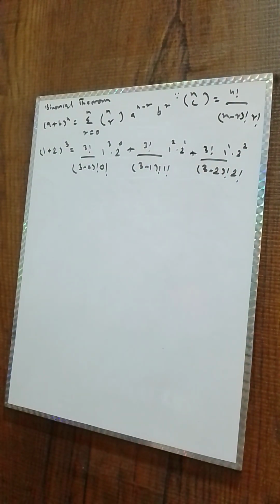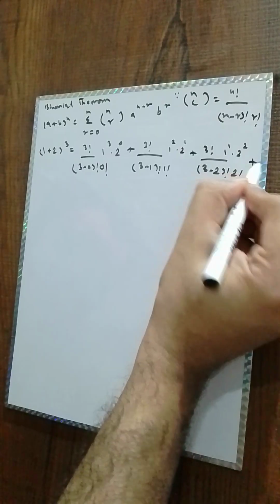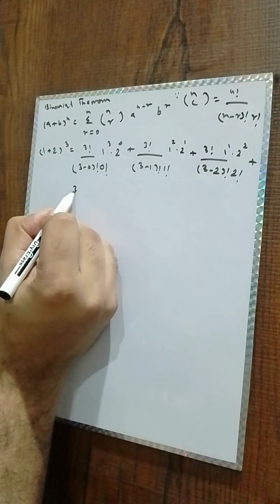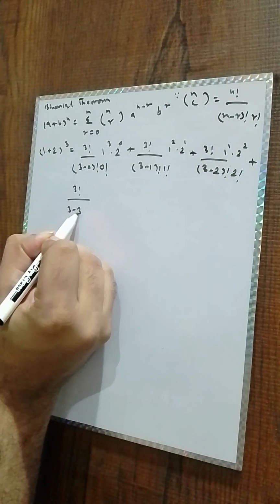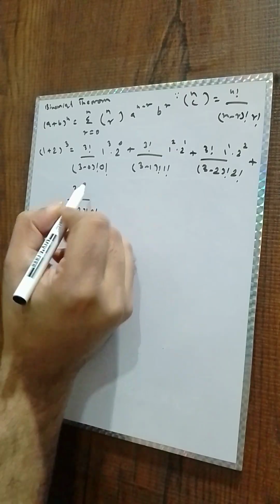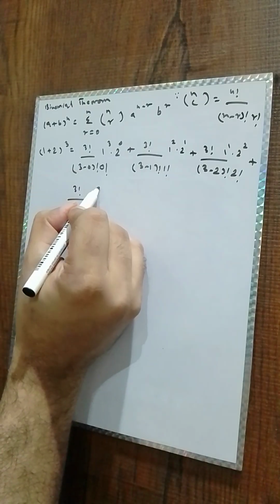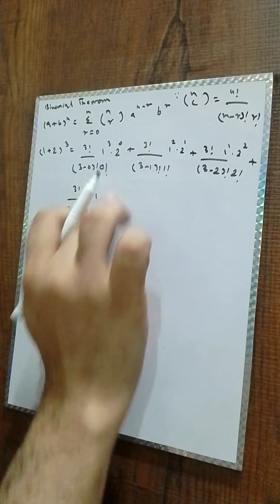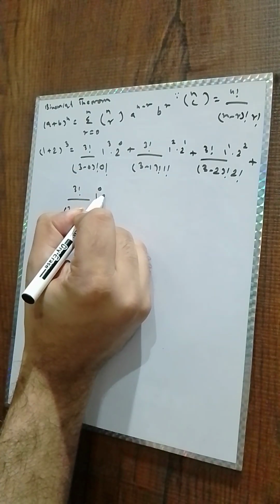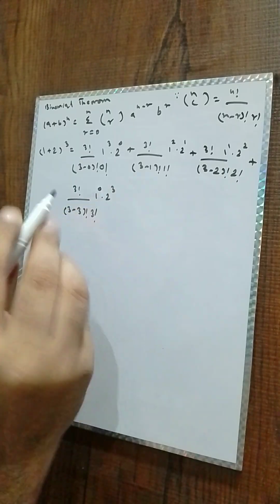Okay, and there's one more opening which says 3 factorial by 3 minus 3 factorial, 3 factorial, 1 to the power 0 and 2 to the power 3.